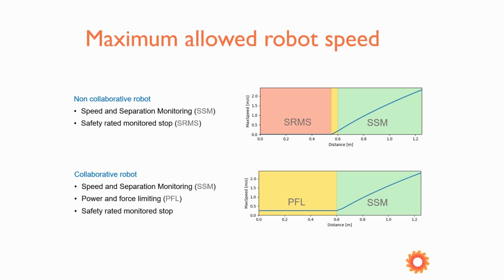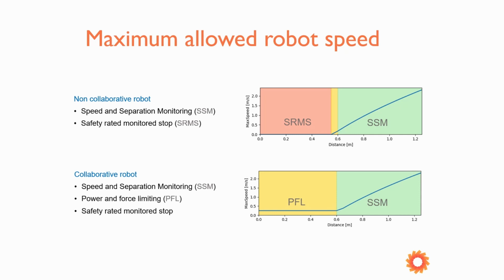But the behavior that we can implement with a non-collaborative robot is different from the one that we can implement with a collaborative robot. For the non-collaborative robot, there is a threshold distance, I would say, that says under this distance between the human and the robot, you have to stop the robot. So go to a safety rated monitored stop.